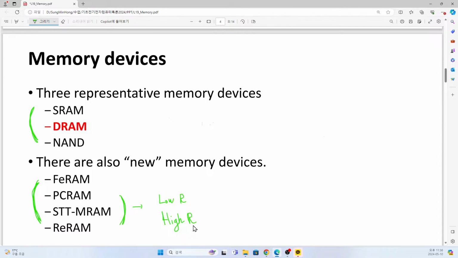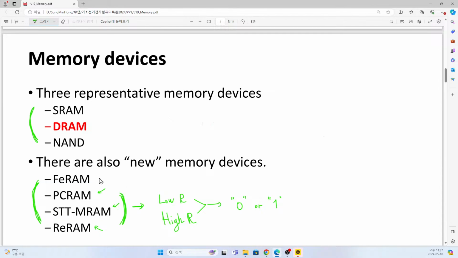High or low are treated as logical 0 or 1. Of course, the mechanisms to change the resistance are much different between them. However, all of them are based on the change of resistance.